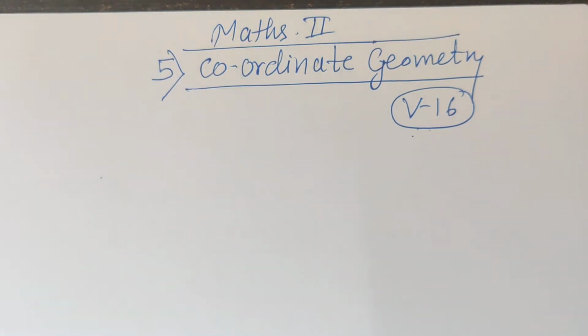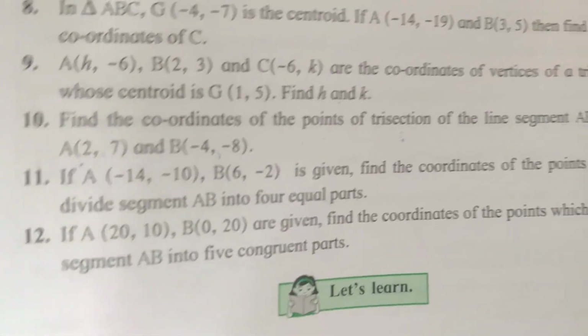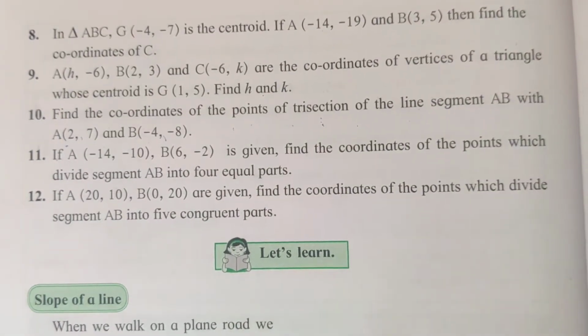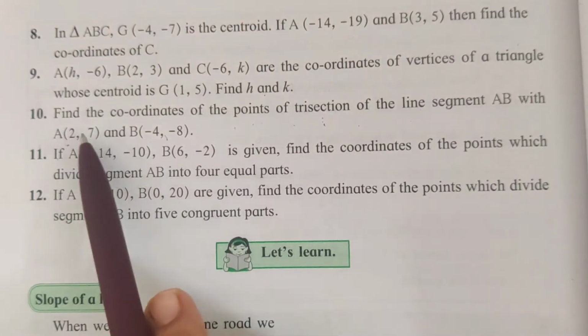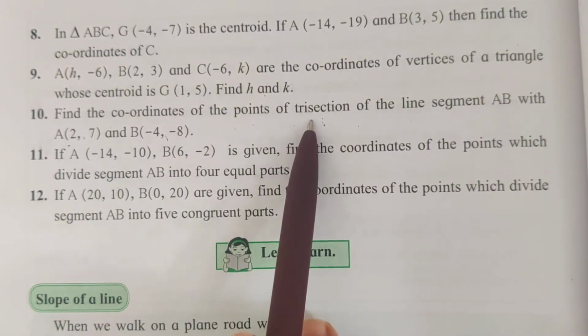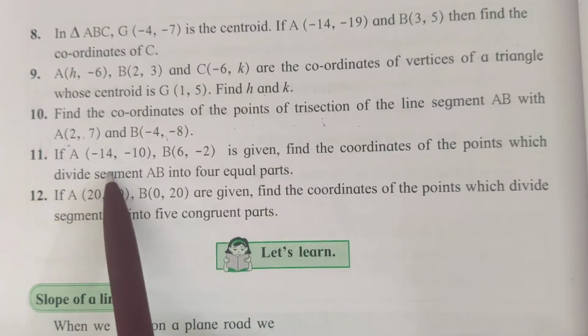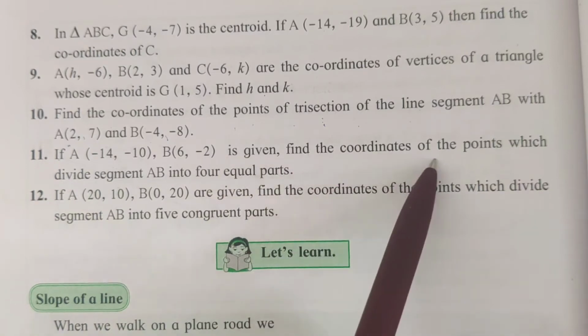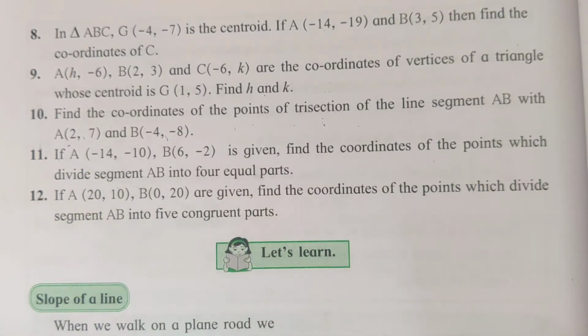So see what the example is. Yesterday I explained the example number 10. This question is related to trisection. Today I will explain the example number 11. It is related to the 4 equal parts of the segment.